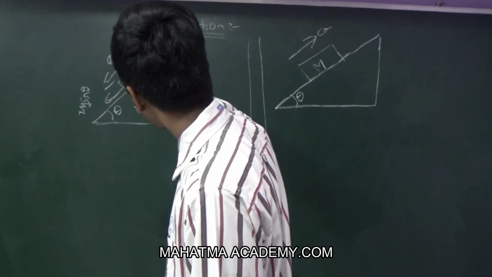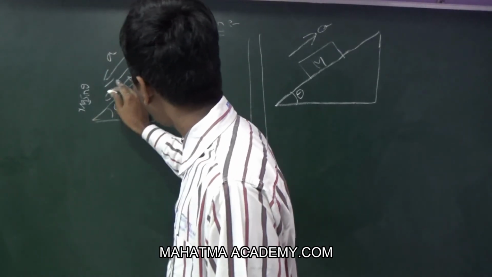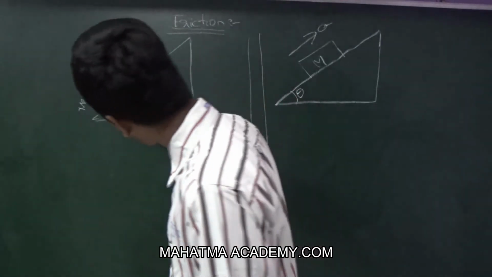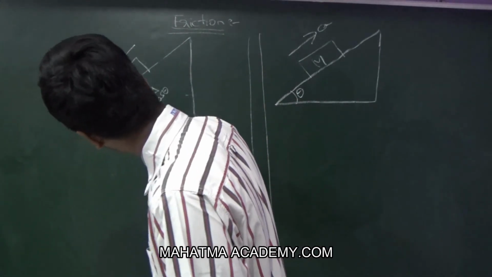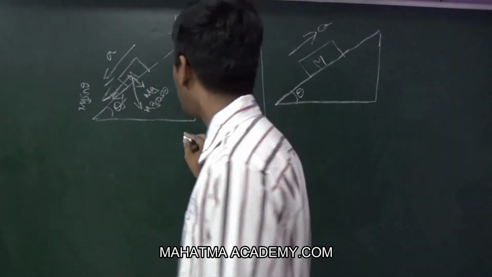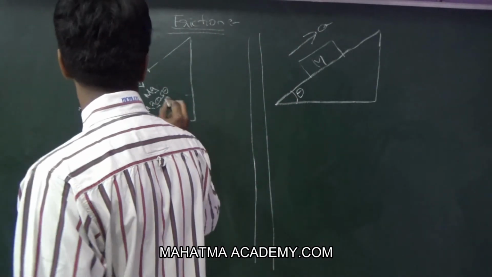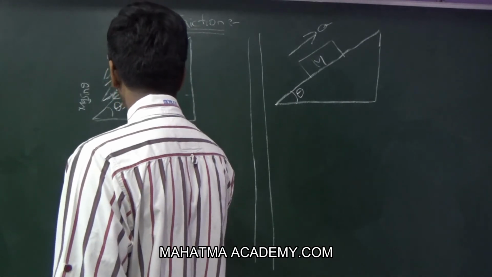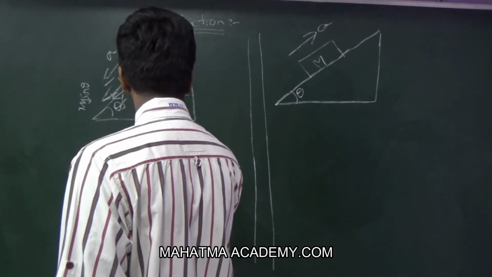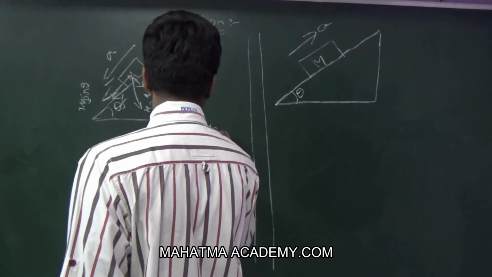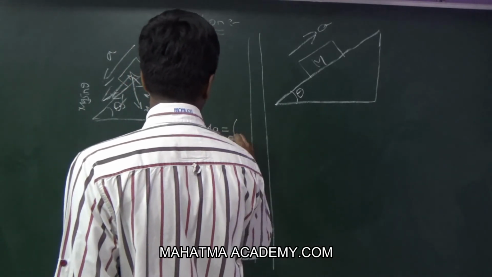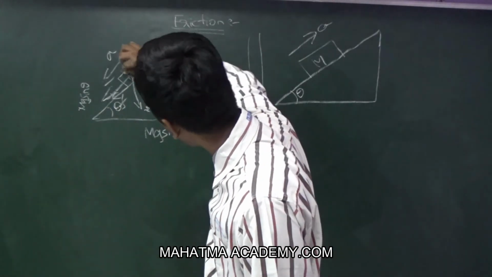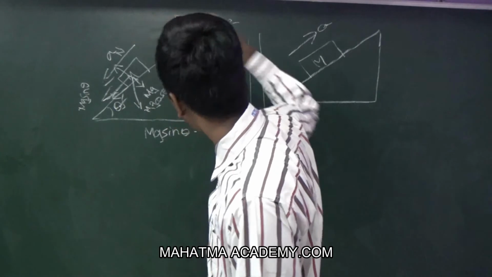Now the body is moving downwards, so the frictional force is upwards. mg sin theta minus friction is equal to ma. Here the normal reaction is mg cos theta.